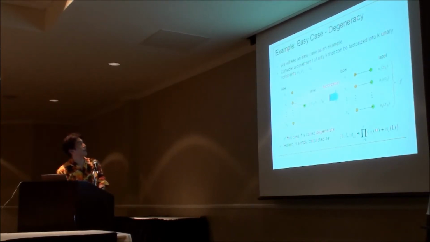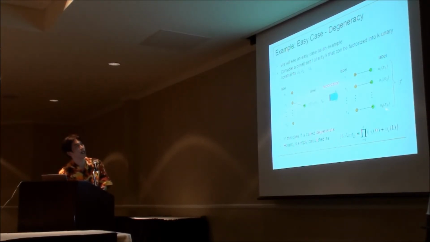Now take a look at a very easy case. Suppose that we have a constraint f taking the variables from x1 up to x sub k. And suppose this constraint can be factorized like this: f is factored into u1 up to uk, and all those u sub i are unary constraints. Unary means they only take one variable.